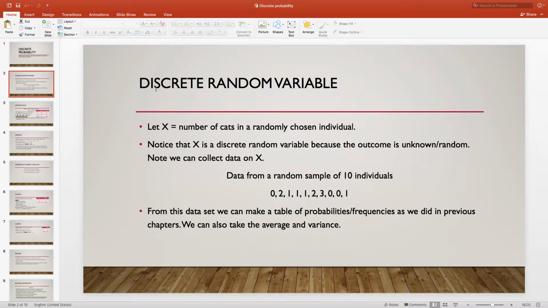So my first example of a discrete random variable is you could collect data, and X could be the number of cats owned by a randomly chosen individual.